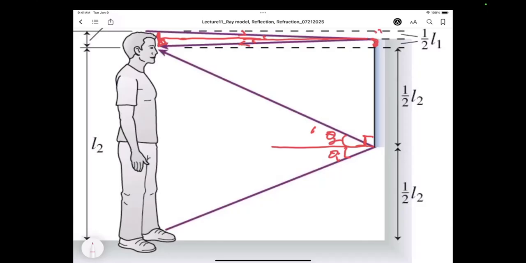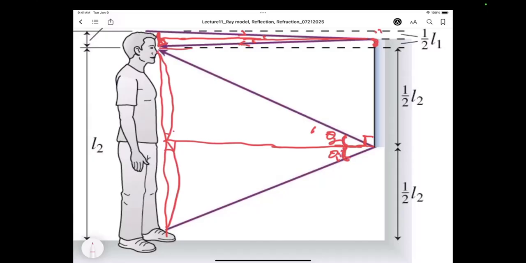So if you connect this to this, this part should be the same as this one, because these two angles are the same angle.